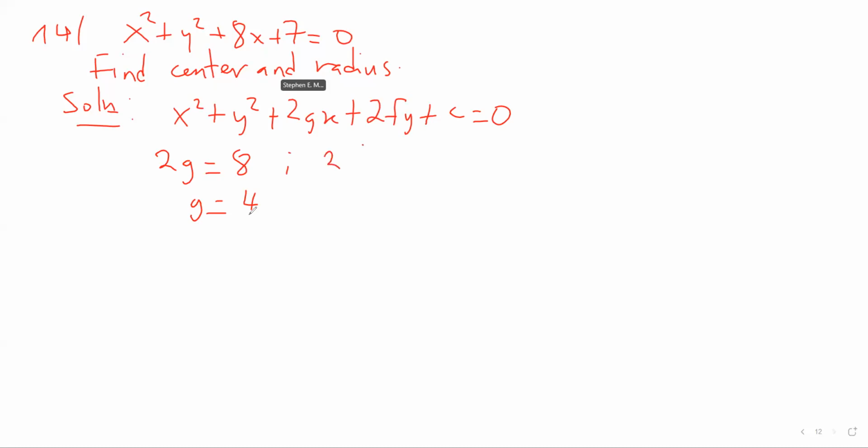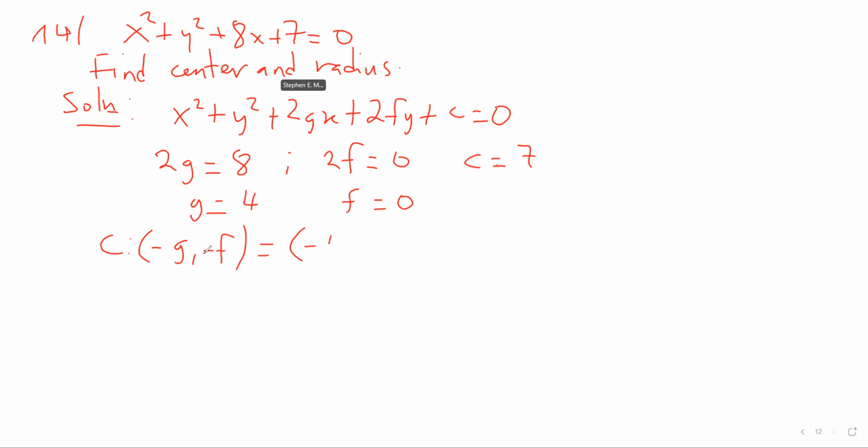And then 2f is equal to 0 and f is equal to 0. And c is nothing else but 7. So we know that the center is given by (minus g, minus f).